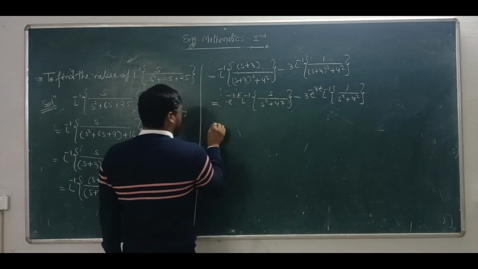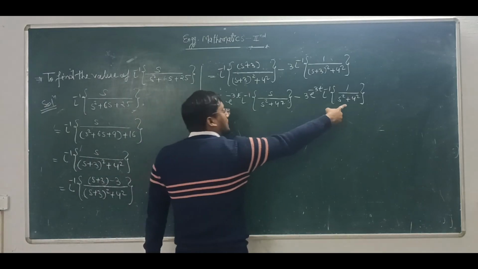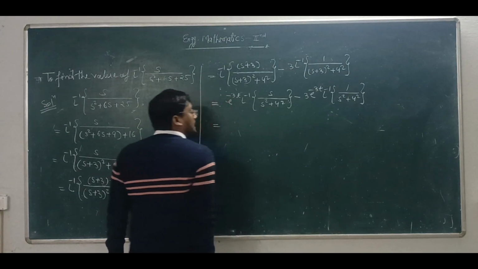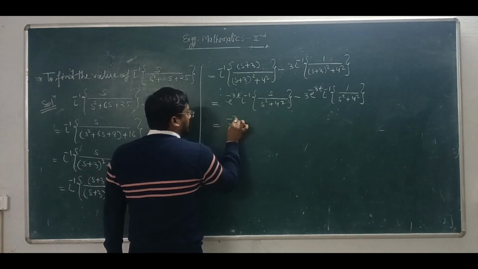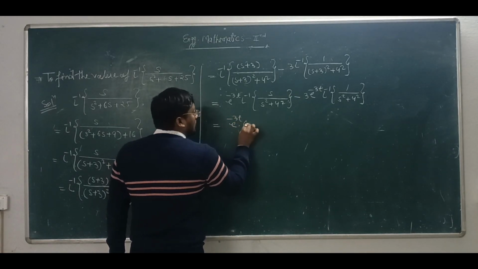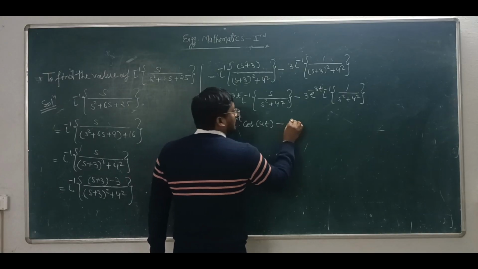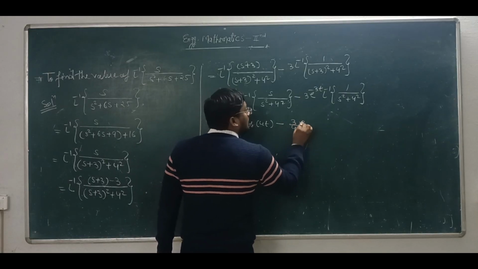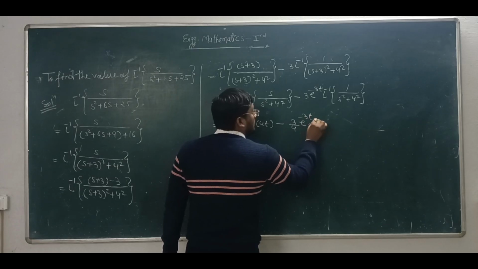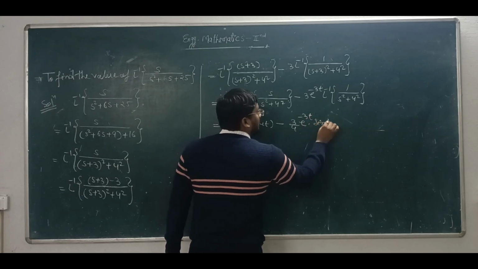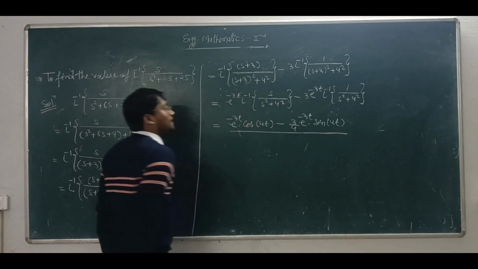Now this is a function of cos at and this is a function of 1 upon a sin at. It means e to the power minus 3t cos 4t minus 3 by 4 e to the power minus 3t into sin 4t. This is your final answer.